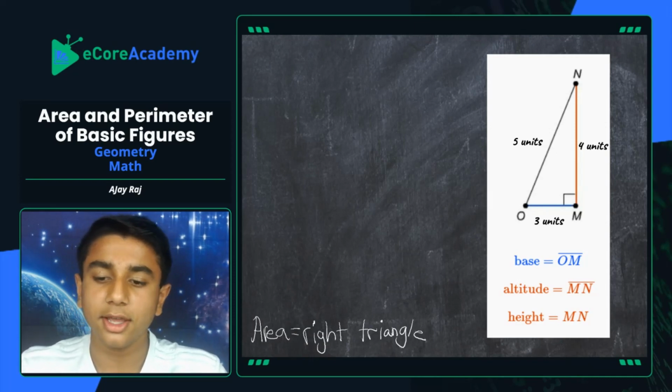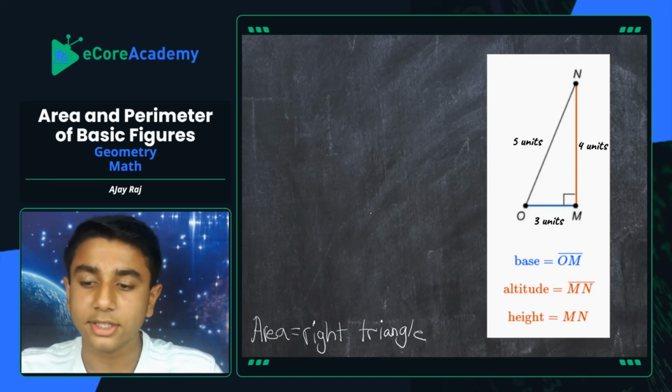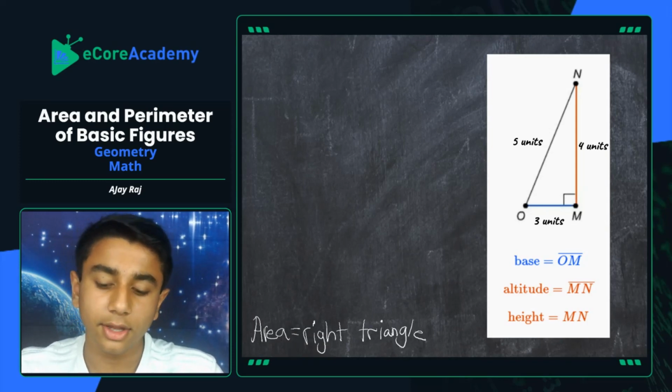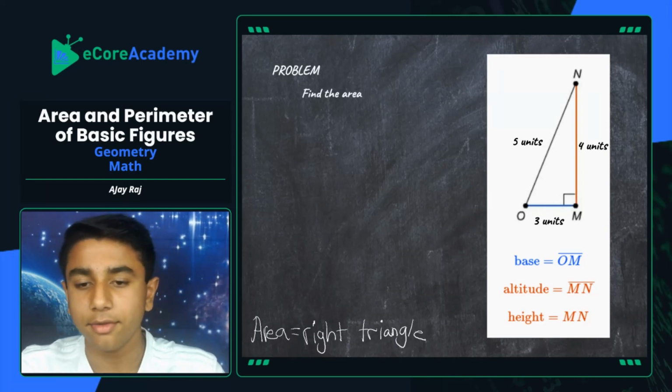But just see that this formula will only work plainly if you have a right triangle, which is basically a triangle with a 90-degree angle, and that's indicated by this little square here. And so the problem that we're going to encounter first is trying to find the area of this triangle.